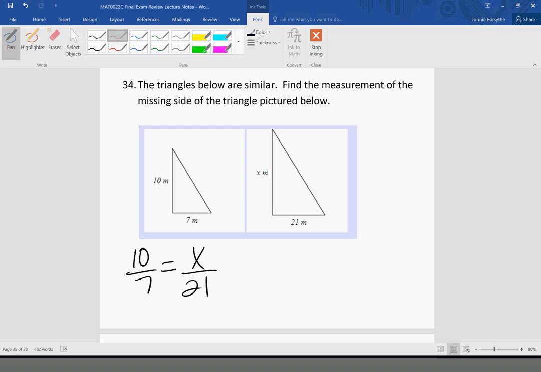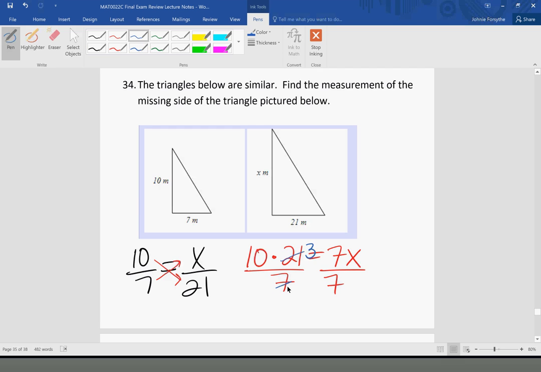And so to solve this proportion, we're going to cross multiply. So 10 times 21, not 27, equals 7 times x. Now I'm going to leave it like this because when I divide by 7, I can do it a little easier. 21 over 7 reduces to 3.